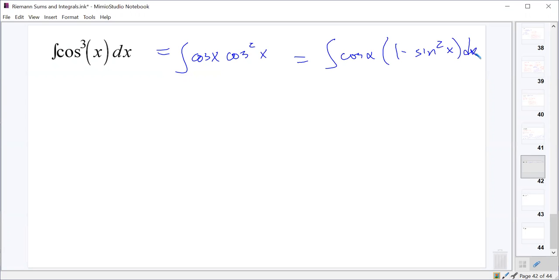And then you should have made a u substitution with u equal to sine x with du equal to cosine x dx. So we've got the cosine x dx, and that allows us to get rid of all of the trig functions completely and just turn this into an integral of 1 minus u squared du. Everybody good with that?